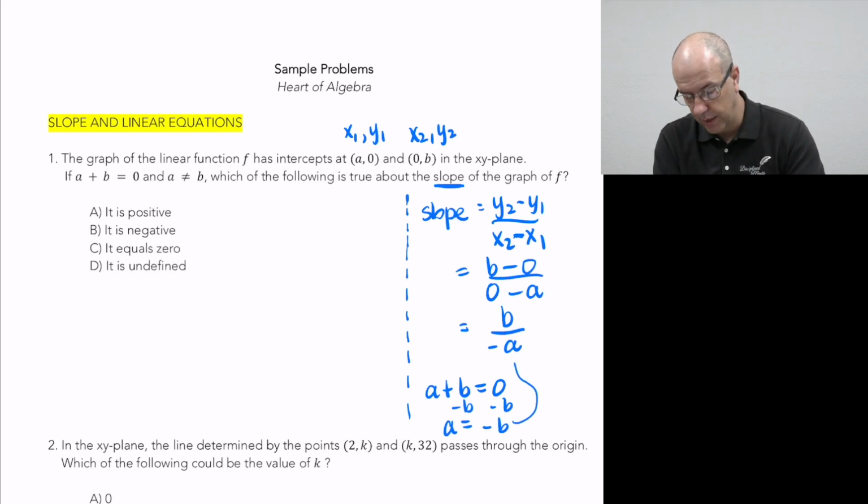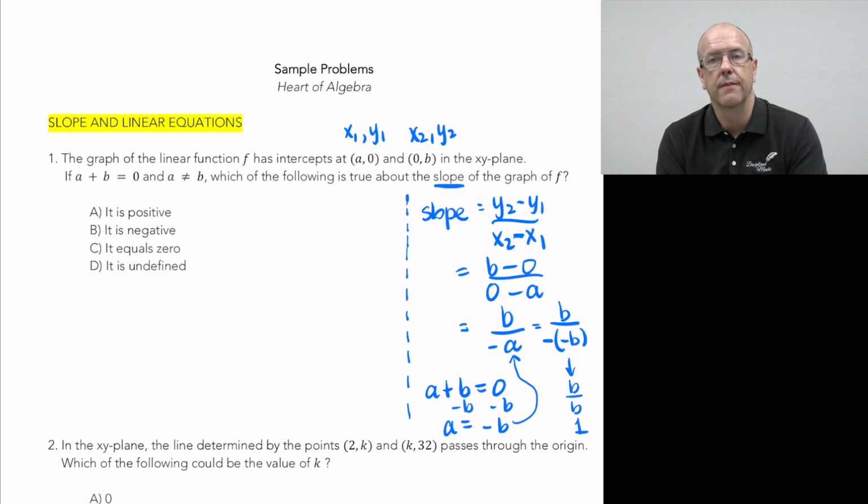And I can go ahead and plug that in up here, and I get b over negative of negative b, or b over b, which gives me 1, right? So I end up with a slope of 1, which is positive, and I know my answer is answer choice A. The slope of the line is positive. So this would be the more fundamental way of doing this question.